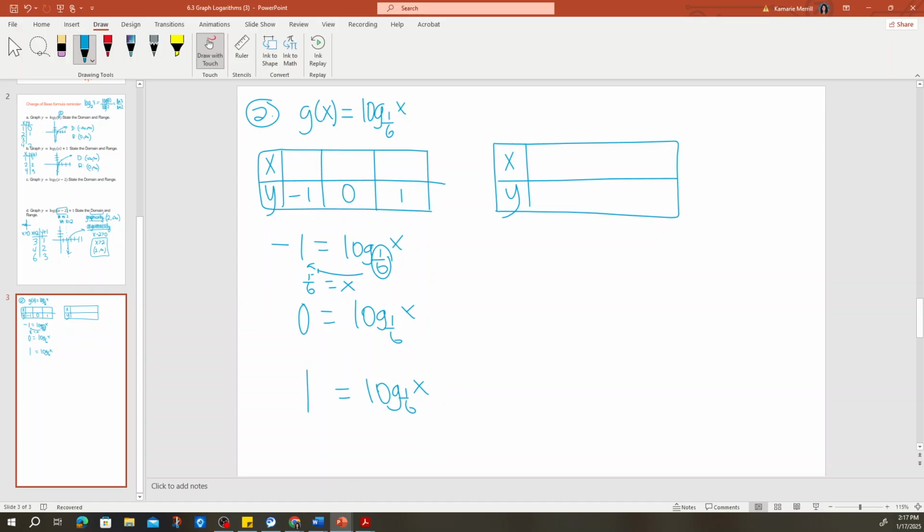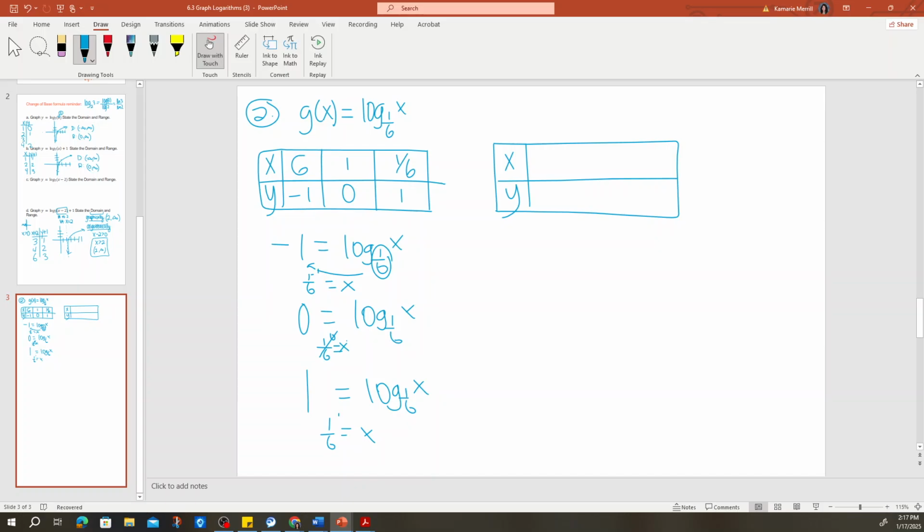So when I reciprocate it, x will be what? 6. Good. It's just the opposite. What are we going to get when I do the 0? 1/6 to the 0 is x, so 1. 1/6 to the 1 is x, so 1/6. So he's choosing the backwards way by plugging into y's.